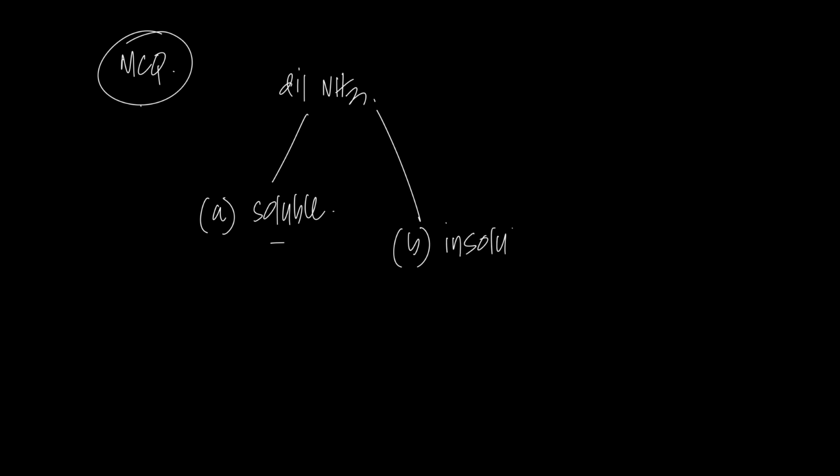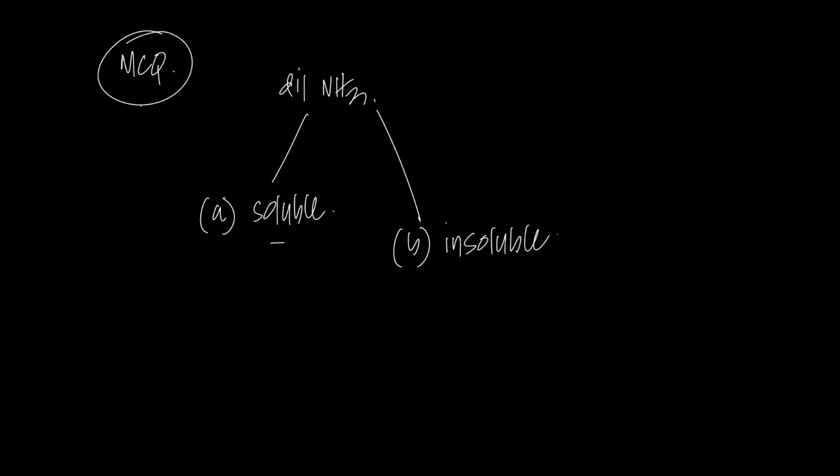If I have dilute ammonia and I say part A, the solid dissolves, soluble. What does that mean? Part B doesn't dissolve, aka is insoluble. What does part A mean? Which ion would you have? And which compound?